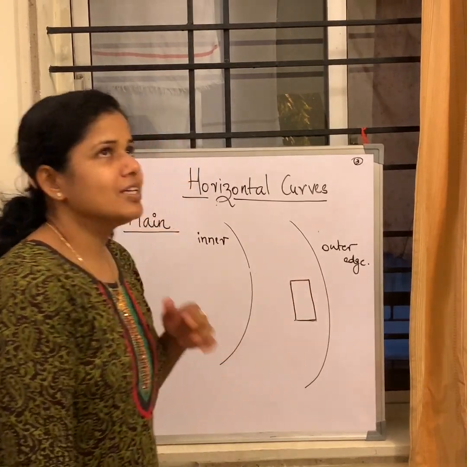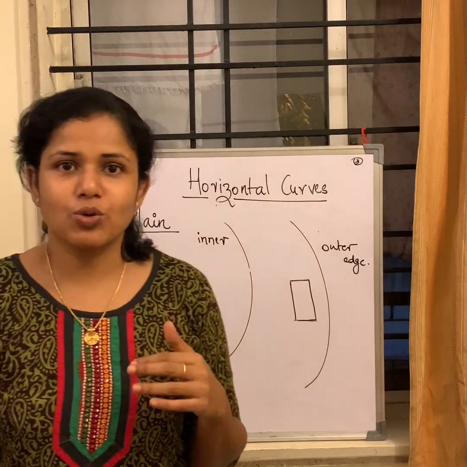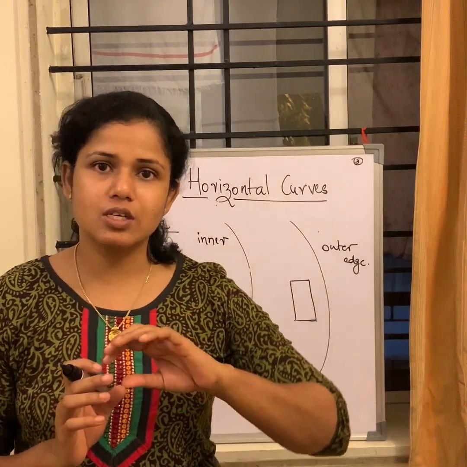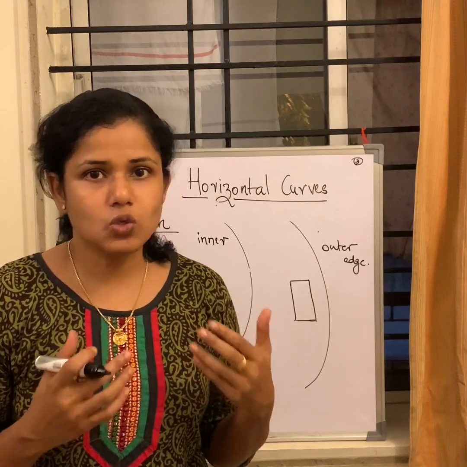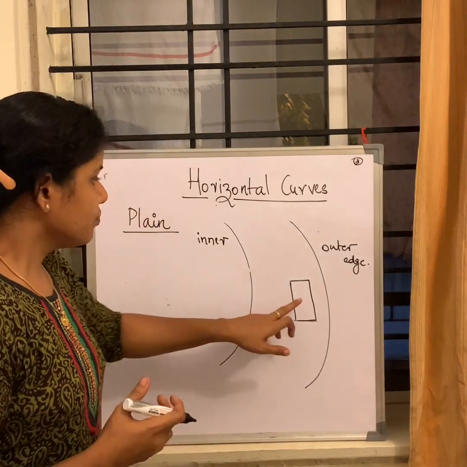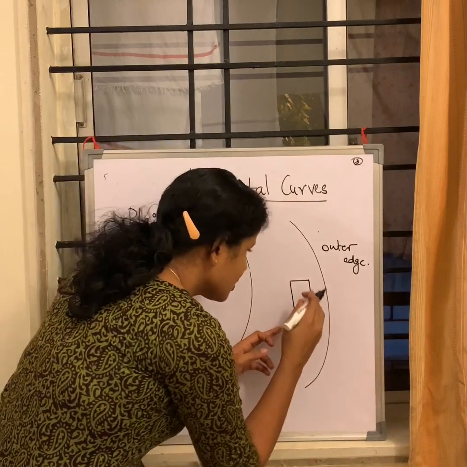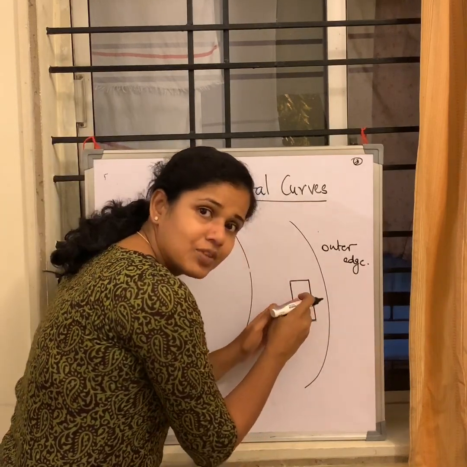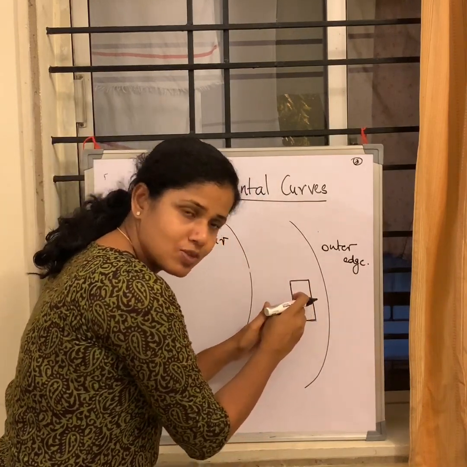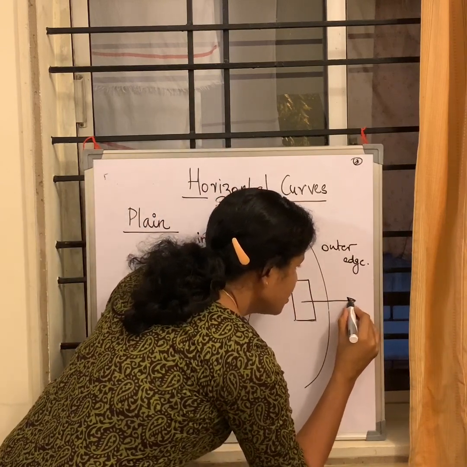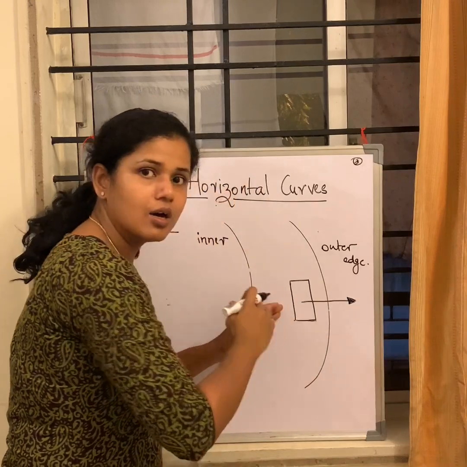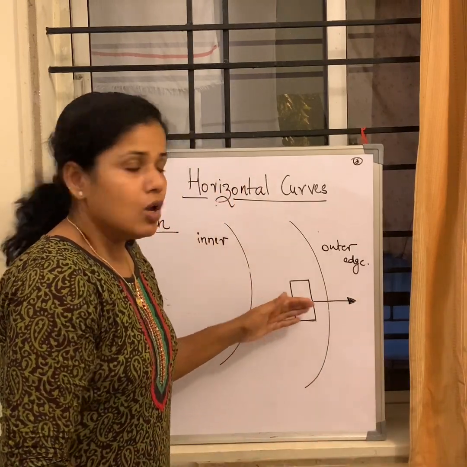Okay. Now please recall the physics which you have studied, when an object is moving on a circular path, what is the tendency that is going to happen over there. So on my circular path, on my vehicle, there is an apparent force which acts and it has a tendency to push the body or the car outside, away from the center.